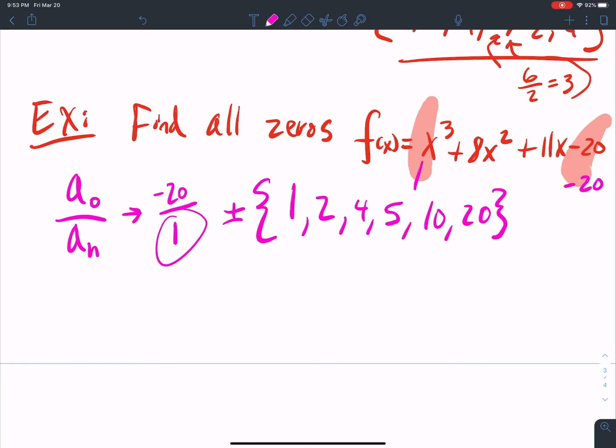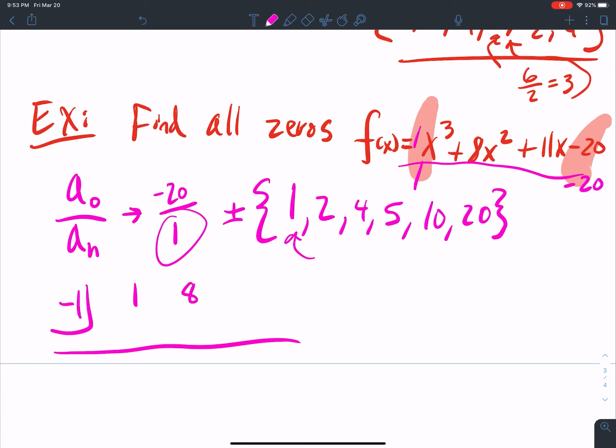Now, one thing you can do is you can just go through and check with synthetic division for each of these and see if it works. So I'm just going to try this out. All right, so maybe I try -1. In synthetic division, I write out my coefficients. So first one is 1, and then it's 8, and then 11, and then -20.